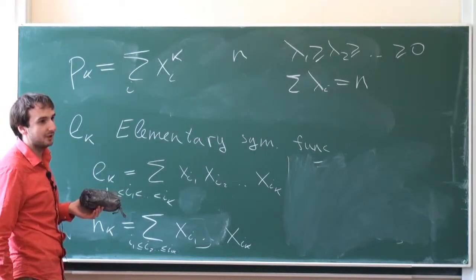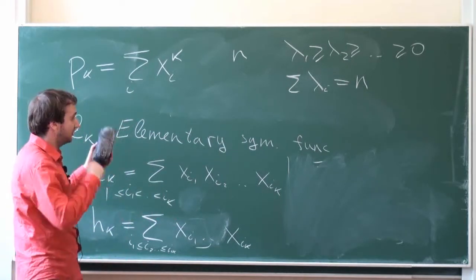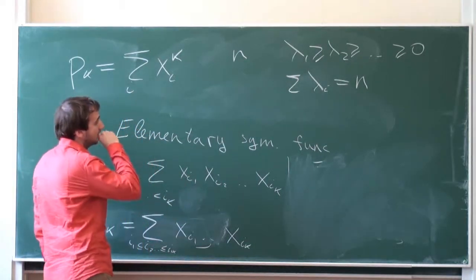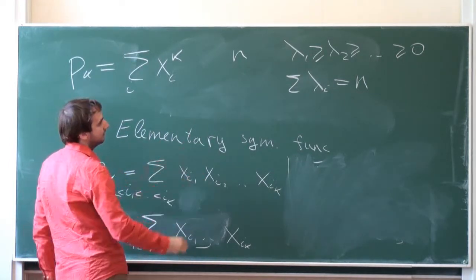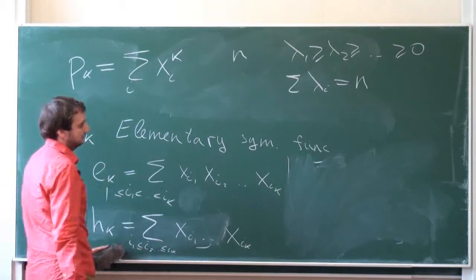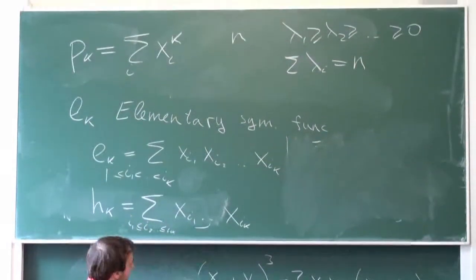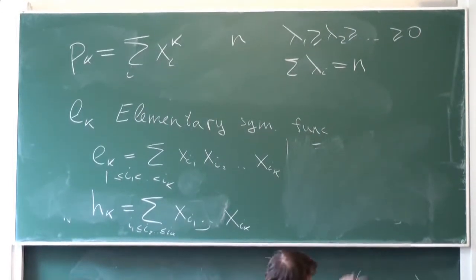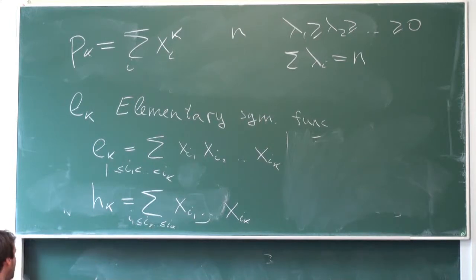The first reason for that is that a very natural basis is parameterized by these partitions. More explicitly, consider what is called the monomial symmetric function. What is a monomial symmetric function?